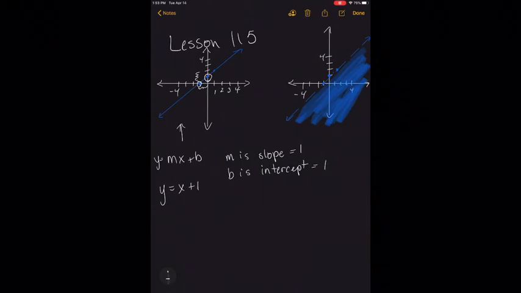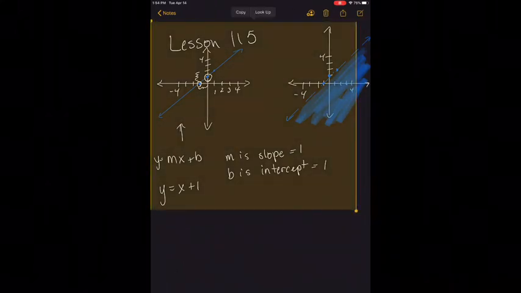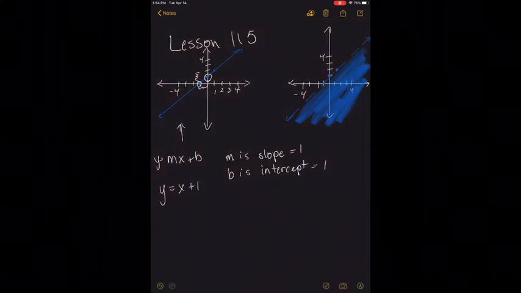So how is this line that we just found the equation for different than this thing to the right? Well, number one, our line there is not solid, it's dotted, and we have a bunch of shading below. Well, that's because that graph represents an inequality.